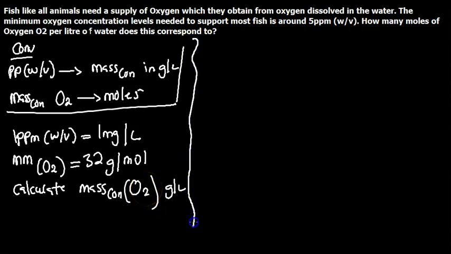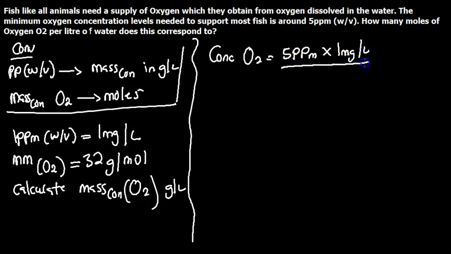I think it's kind of a little bit tricky, but I show you, if you pay attention, it's not going to be hard. So the concentration of oxygen is simply going to be 5 ppm. We're going to multiply that by 1 milligram per liter, and we're going to divide everything by 1000 milligrams per gram.